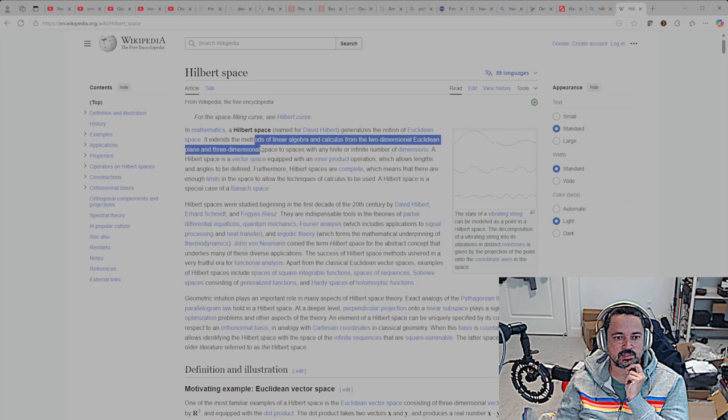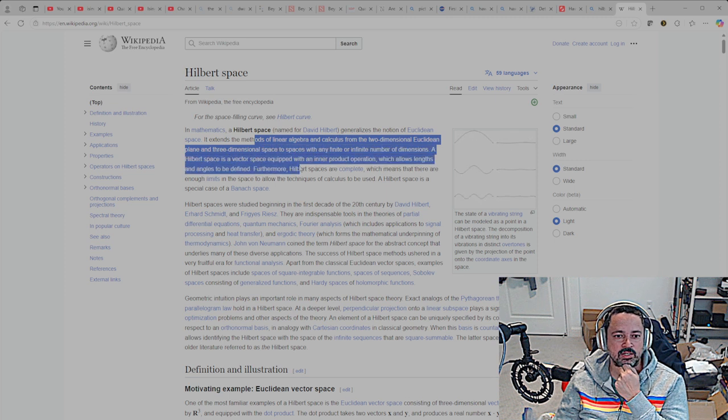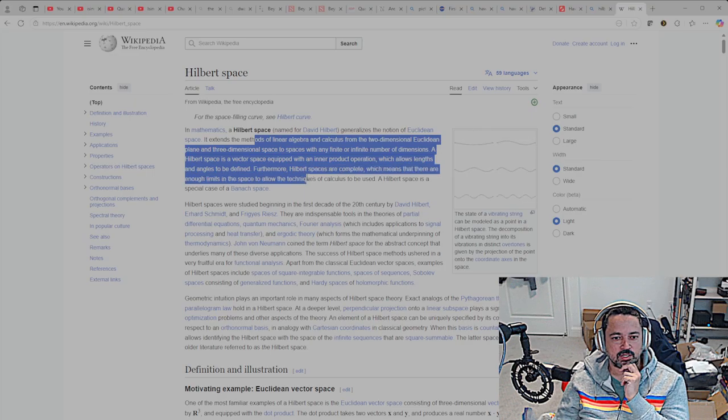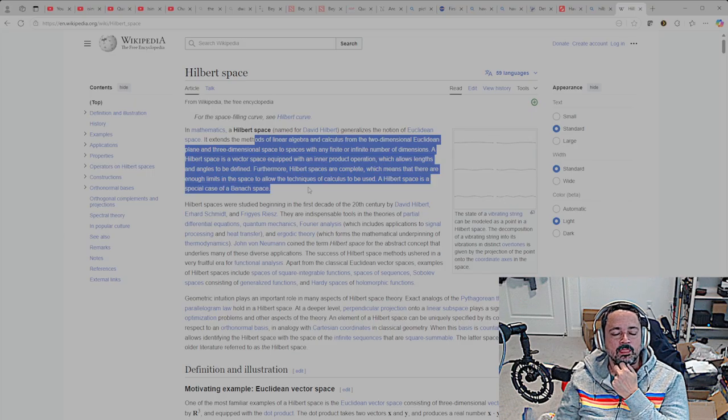A Hilbert space is a vector space equipped with the inner product operation, which allows lengths and angles to be defined. Furthermore, Hilbert spaces are complete, which means that there are enough limits in the space to allow the techniques of calculus to be used. A Hilbert space is a special case of a Banach space. Yeah, I'm kind of remembering this a little bit from undergraduate.